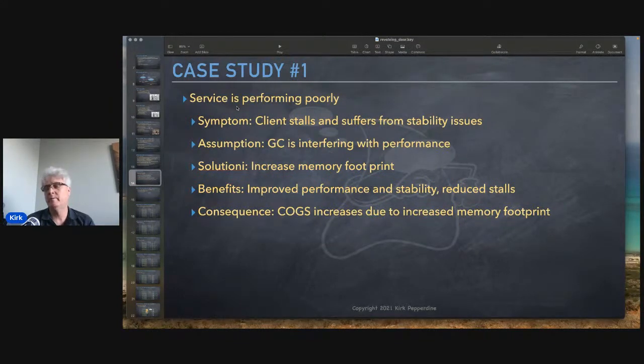So, case study. A service is performing poorly, and we go and talk to the client. The client says they had the service and didn't know what to do with it because it was not stable, with lots of jitter and all kinds of performance issues.